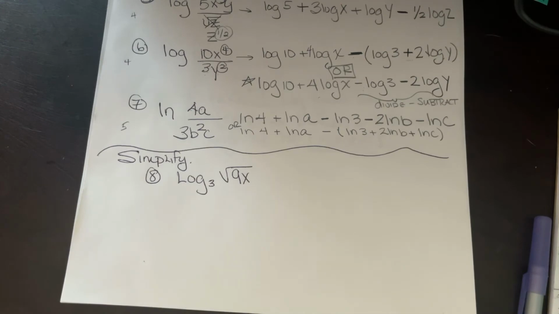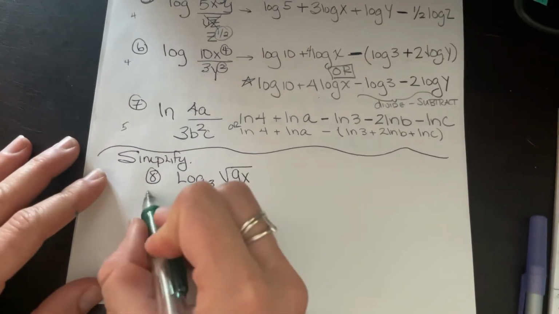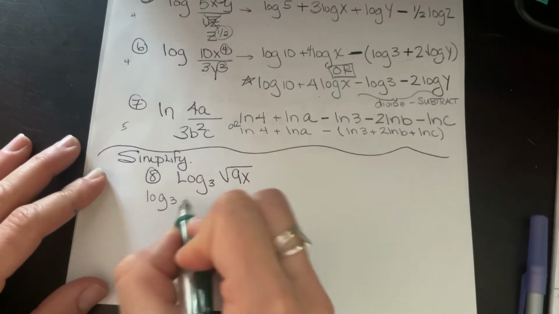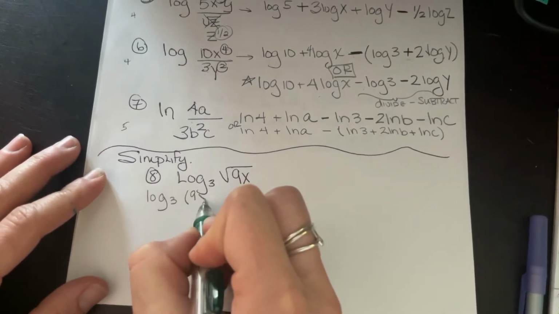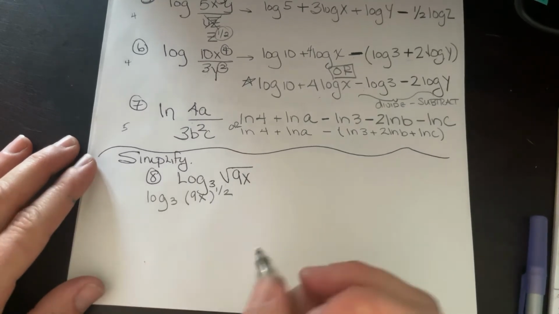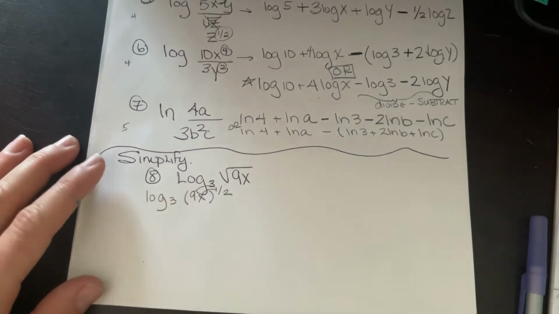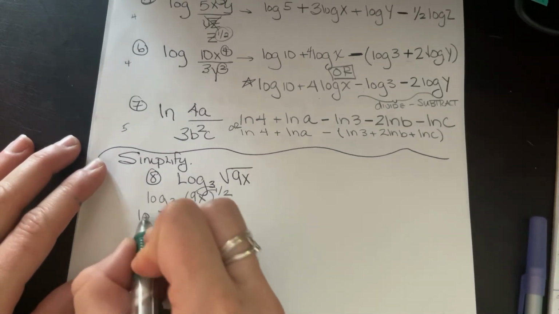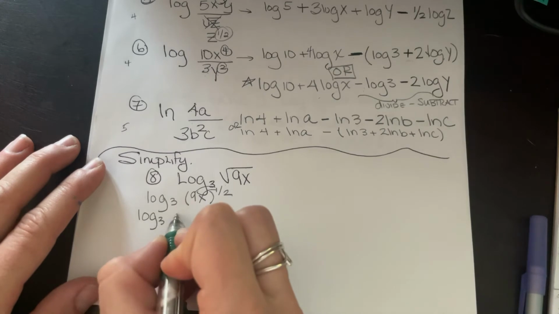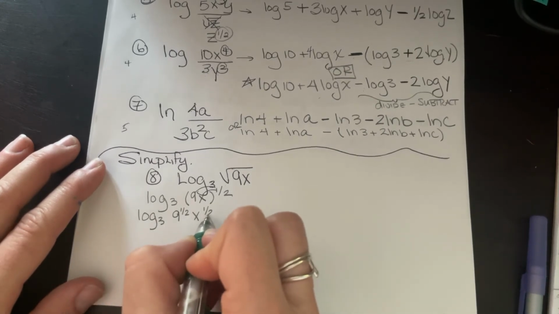First, let's fix this. Well, this whole thing is being raised to the 1/2. So let's give everybody the 1/2. So we're simplifying this. So this becomes log base 3, 9 to the 1/2, and x to the 1/2.